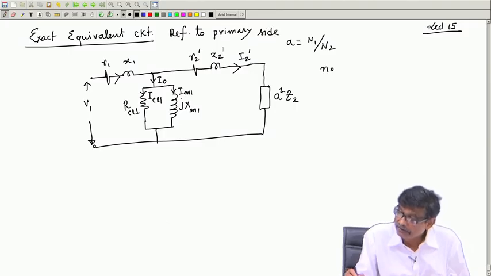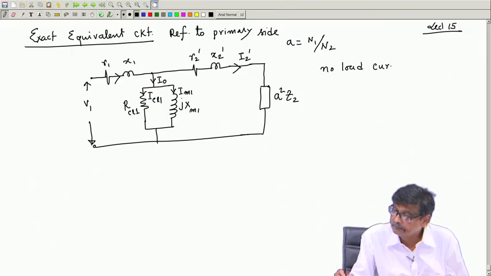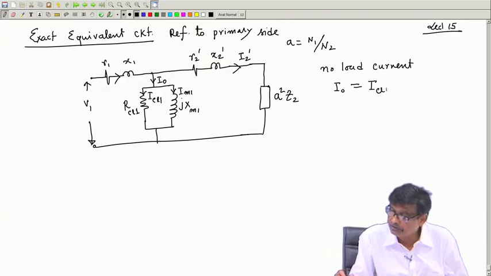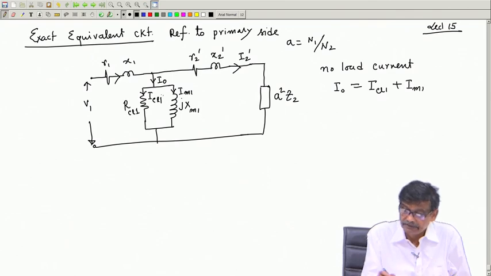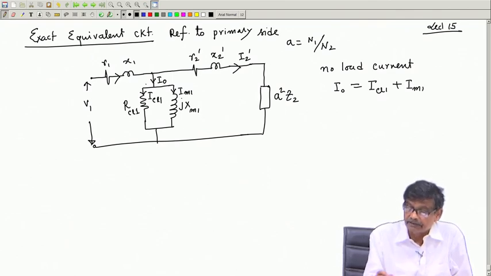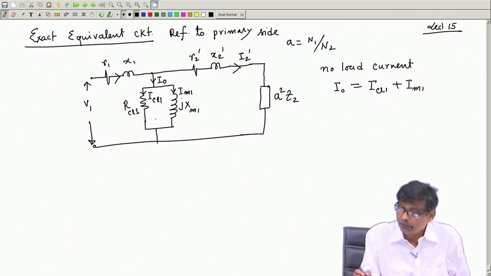No load current I naught will be the sum of the core loss component of current plus the magnetizing current; these two currents will make I naught. Why is it called no load current? When the load is not connected on the secondary side, this will be open circuited, Z2 is infinity.